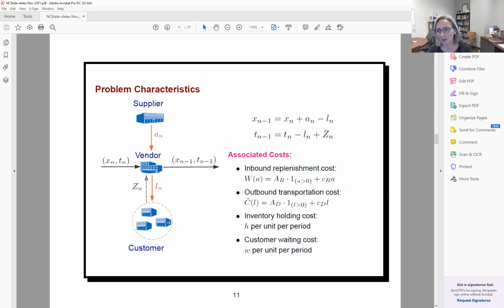It includes a fixed cost associated with the dispatch, and it includes a linear cost that is charged against the shipment quantity. The vendor, of course, incurs an inventory holding cost on a per unit time basis. And because the vendor is implementing an explicit shipment consolidation policy, holding orders over time with the hope of consolidating a large load to be released to the market area, there is also a customer waiting cost denoted by W per unit time.